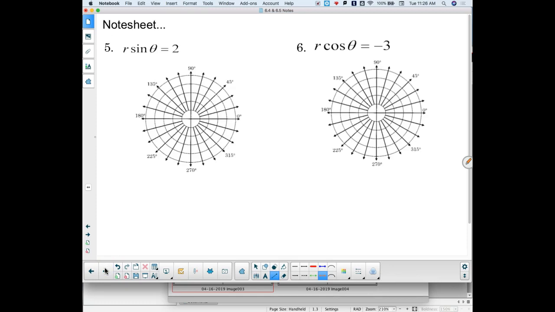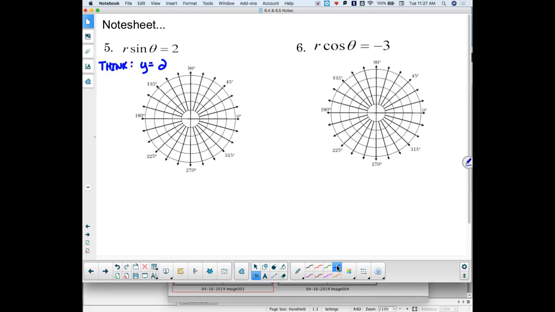R sine of theta equals 2. This is now on that purple page that we're talking about. So this is where we'll pick this one up now. Okay, R sine of theta. What's R sine of theta? Y. So I'm thinking here that this is Y equals 2.